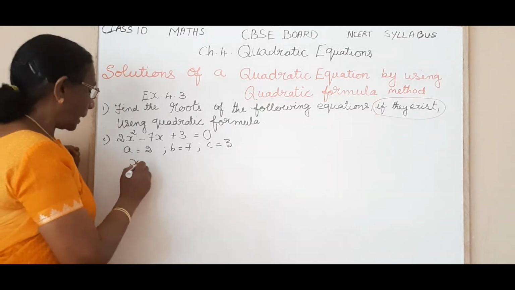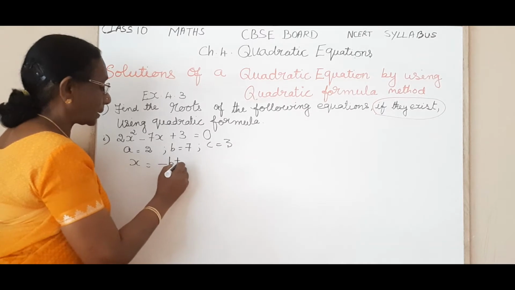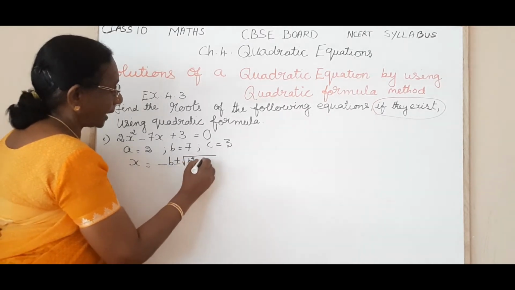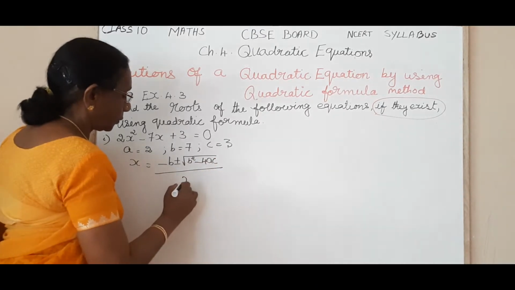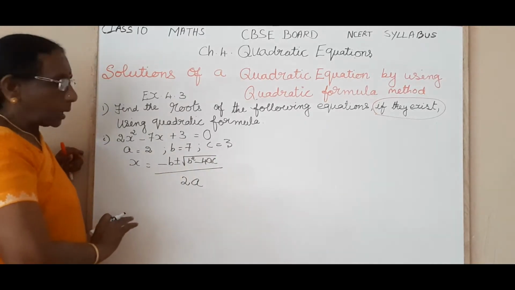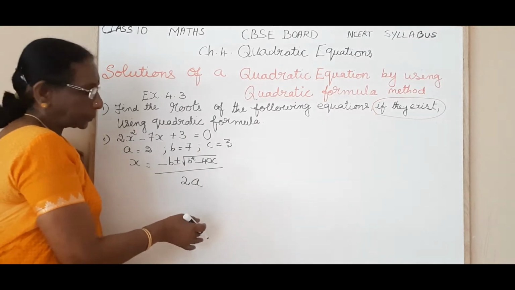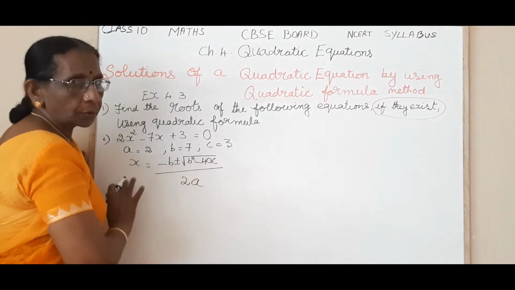What is the formula? x is equal to minus b plus or minus root of b squared minus 4ac, the whole divided by 2a. You should not write it partially. The denominator 2a is for both.